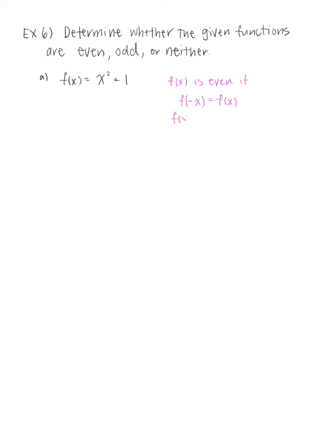And f of x is odd if f of negative x ends up being negative times the original function f of x. In order to check whether the given function is even or odd, you need to replace the argument x with negative x, and then see the result.